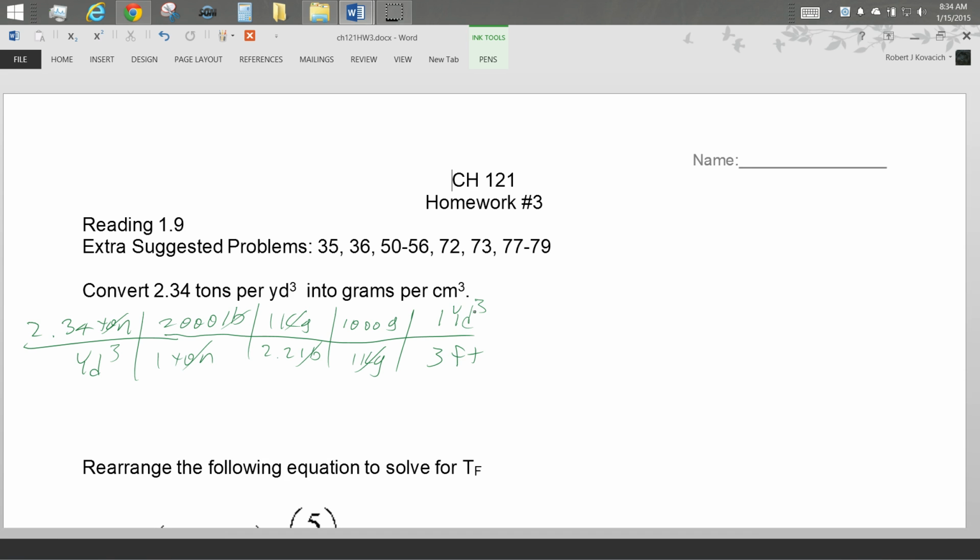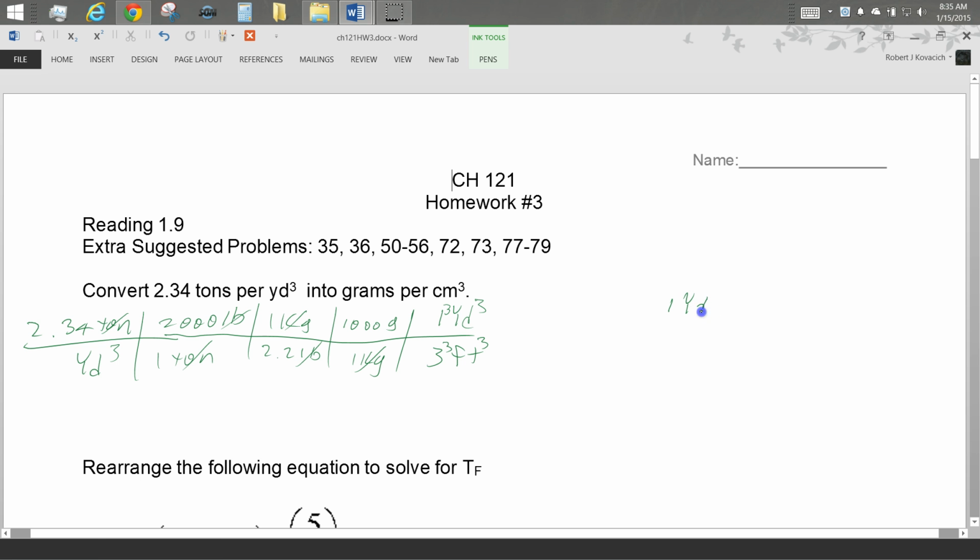Cubing it, sorry. The issue is, when I do that, the numerator and the denominator aren't equal anymore. But I can make them equal. If I cube this yard, I have to cube this 1, I have to cube this foot, and I have to cube this 3. Because cubing it means that I'm doing it 3 times. So what I've done is I've put that same unit conversion up top 3 times.